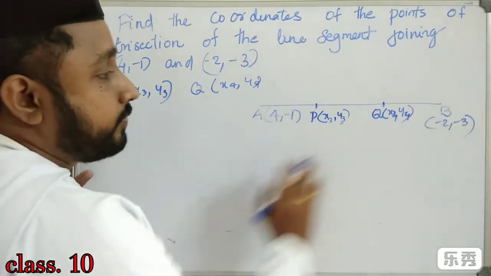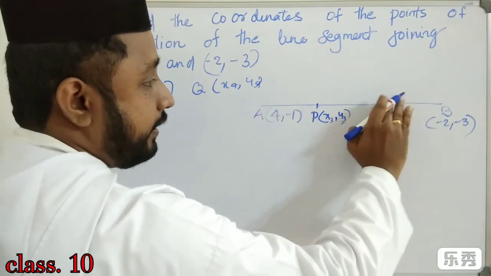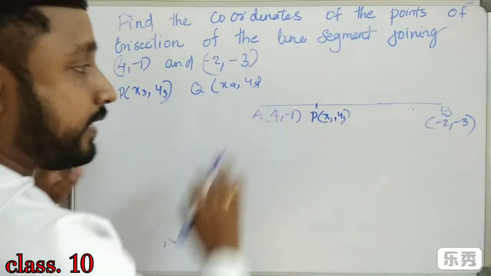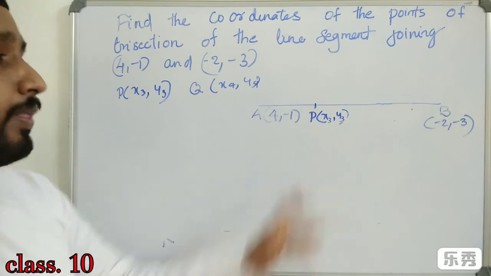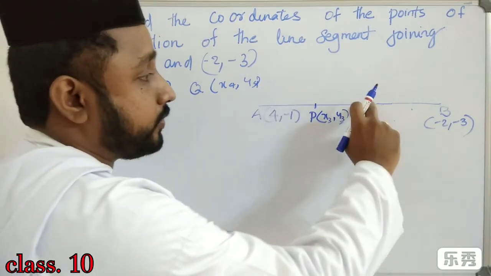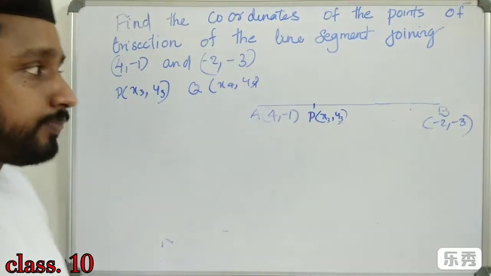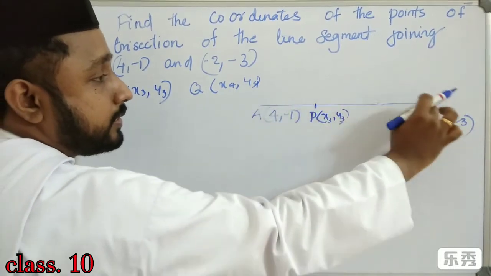So first we consider only P. We are cutting this into 3 equal parts. First we consider A (4, -1), B (-2, -3), and a point P. Here there are 3 equal parts. So this is one part, this is another part, this is the third part.